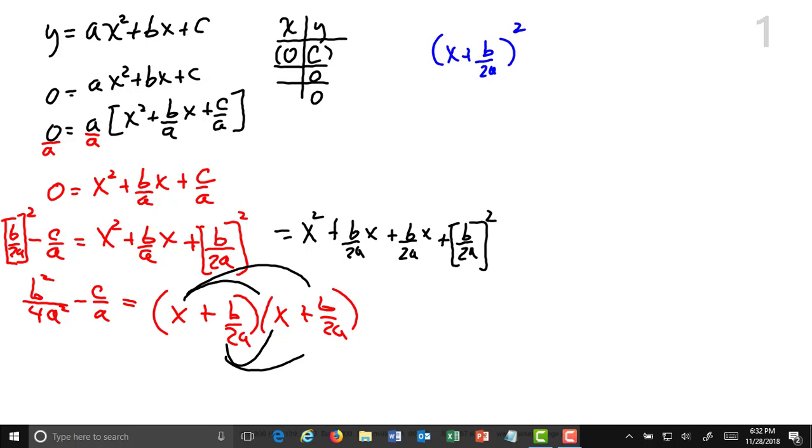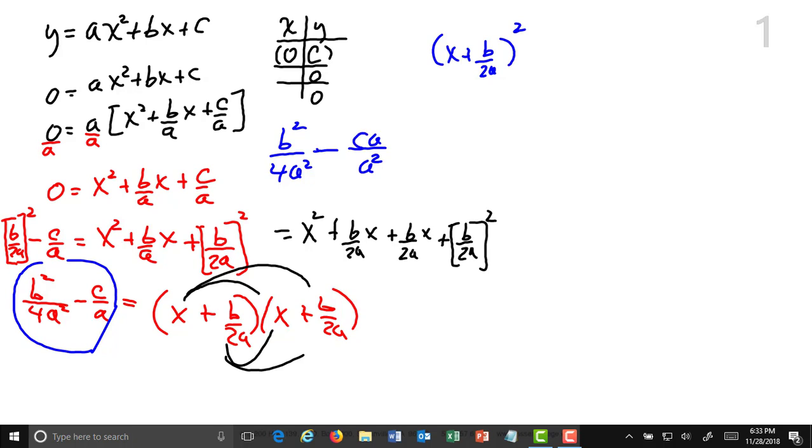On this side, let's take a look at this guy and see what we can do. What I'd like to do is get a common denominator, yeah? This needs another A to be an A squared. And it needs a 4, doesn't it? So I can rewrite this part here. Look, the B squared over, and I'm going to have this over 4A squared, right? Minus, I'm going to have this A times another A, so I have A squared, but then I have to put an A up here, you see?